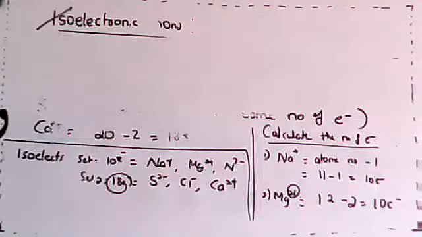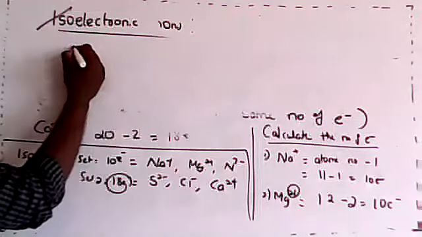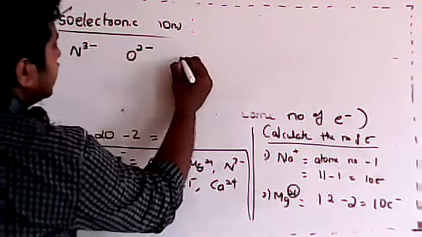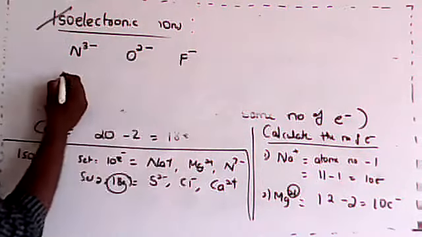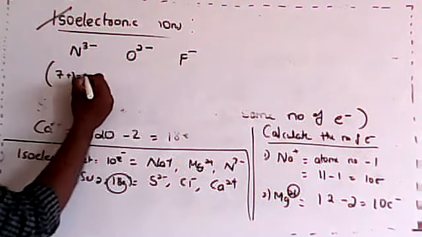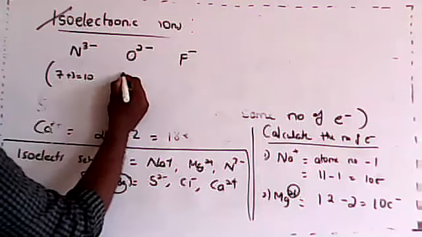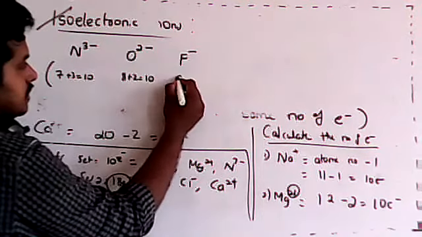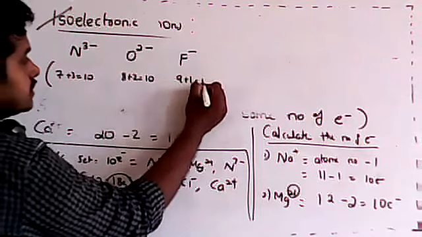So let me write all the isoelectronic species: N3 minus, then O2 minus, then F minus, and so on. Now let me write the number of electrons. It is 7 plus 3, 10. This is 8 plus 2, 10. It is 9 plus 1, 10.